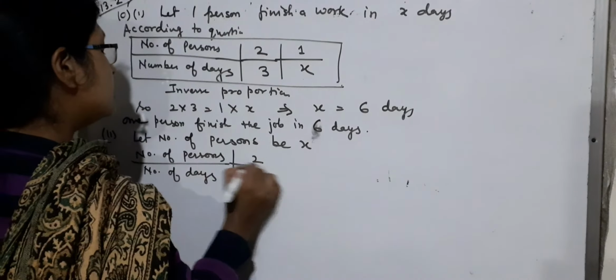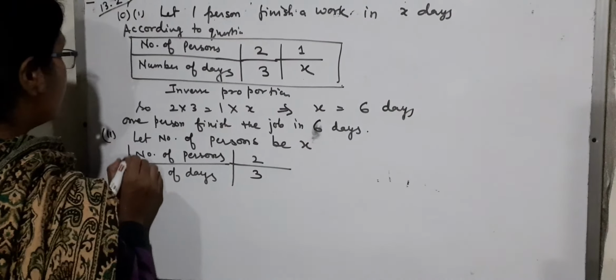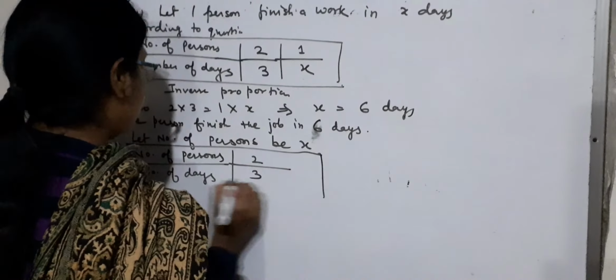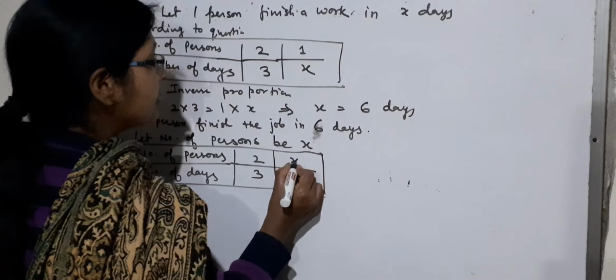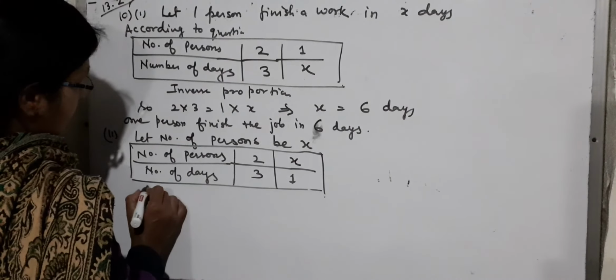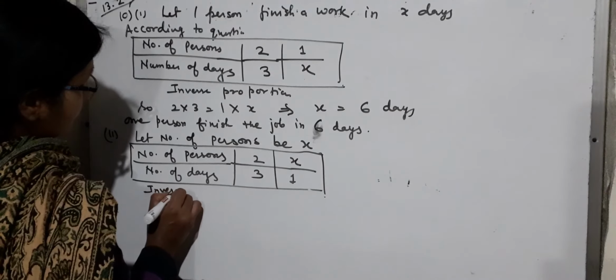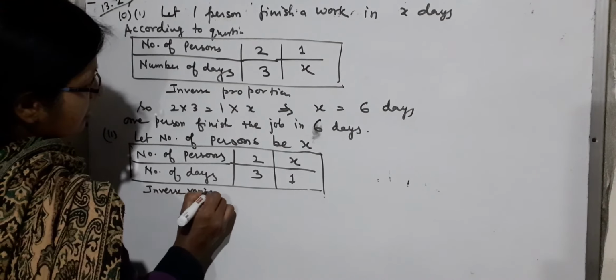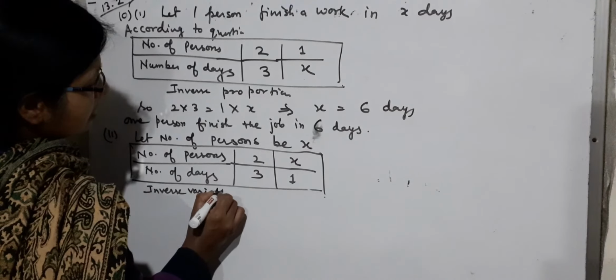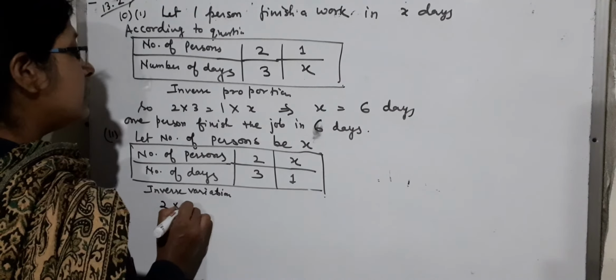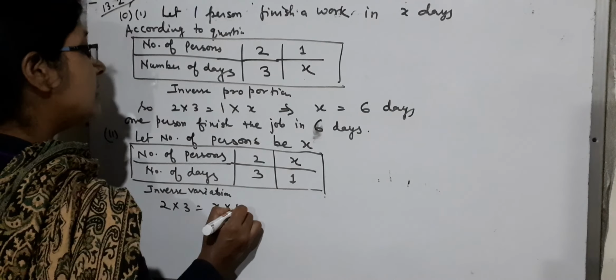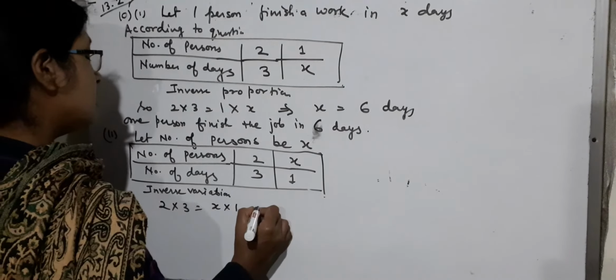When 2 persons are there, then number of days is 3. Then in 1 day, how many persons we put here, X. Inverse variation. So 2 into 3 is equal to x into 1. This implies x is equal to 6 persons.